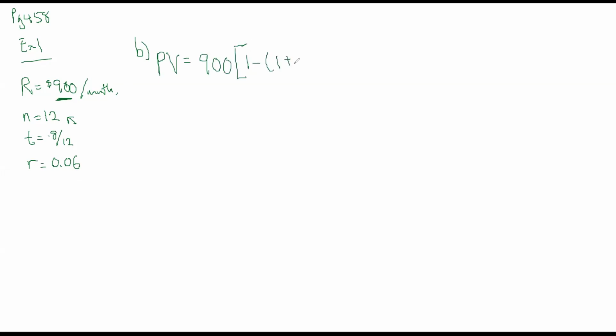If my growth is 0.06, if my compounding is 12, plugging that into the calculator: 0.06 divided by 12 plus 1, all of that to the power of negative 8. 1 is subtracted by that number, multiplied by 9,000, divided by 0.06.